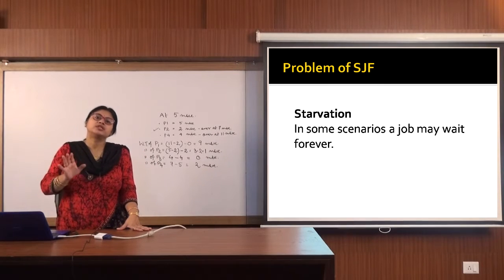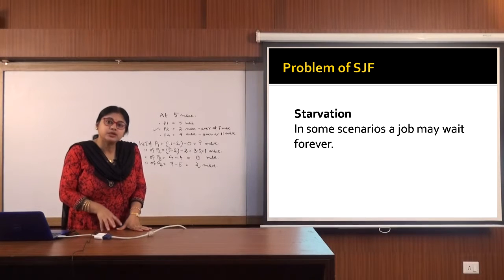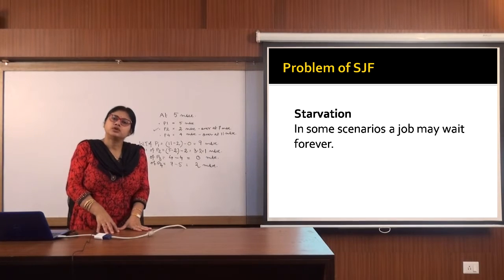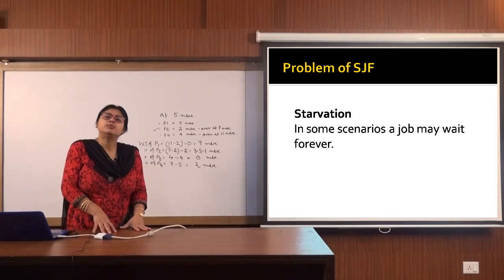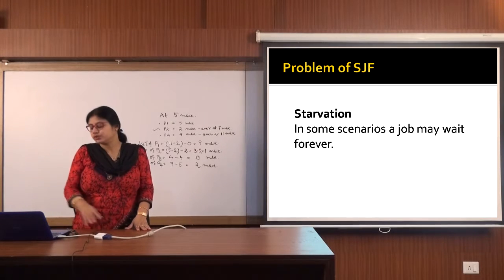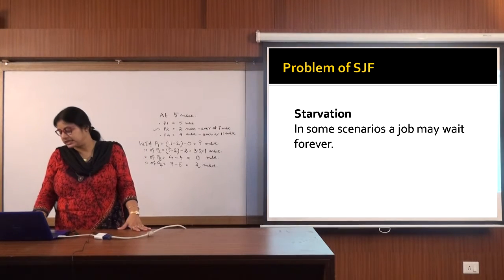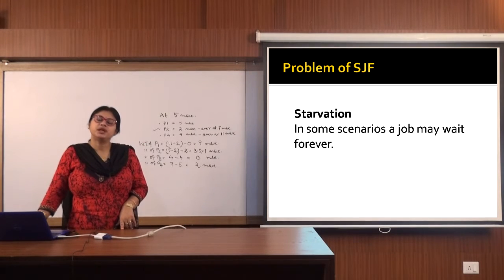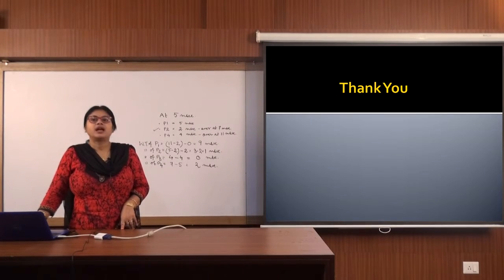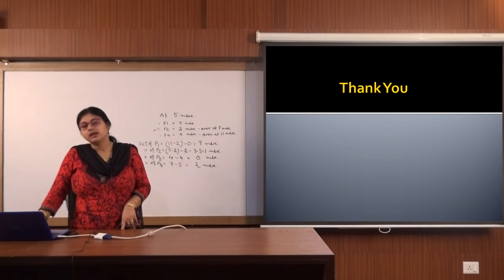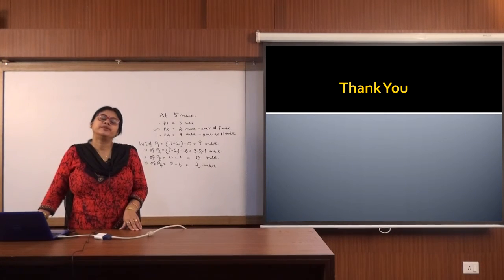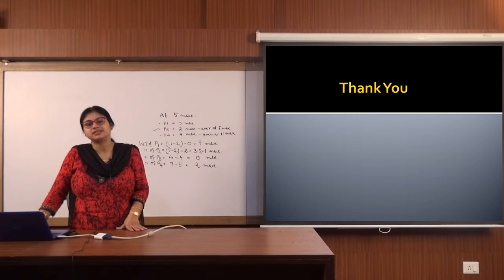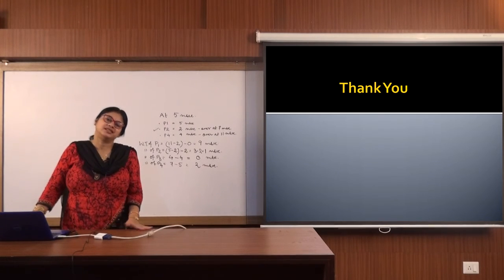The smaller processes will get the chance to execute inside the CPU first, so it may happen that the longer process will starve. That is one issue associated with SJF. And we can definitely address this issue with some solution strategies, which is aging, which I shall discuss later on.